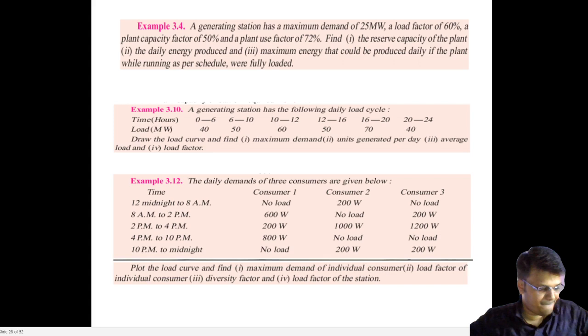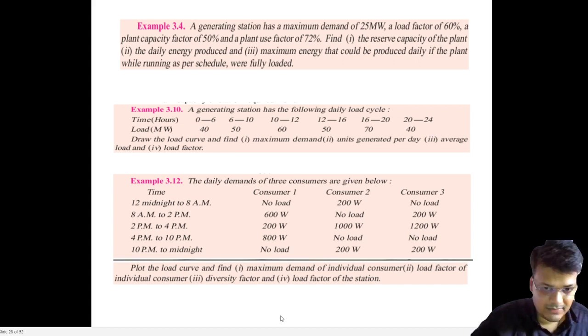PPT is not visible. Please reply. Someone is saying visible, sir, and someone is saying not visible, sir.